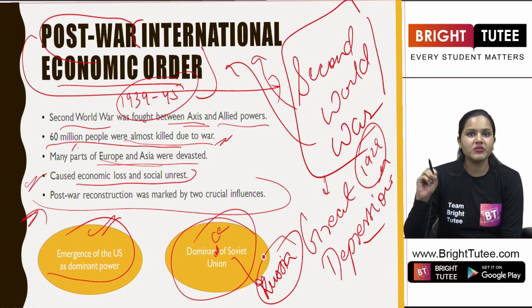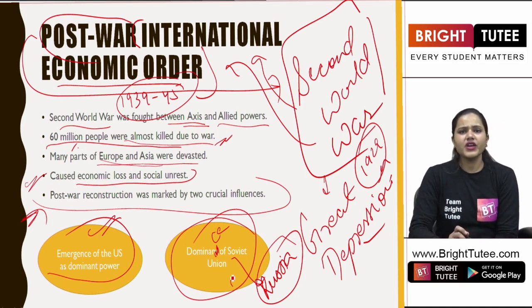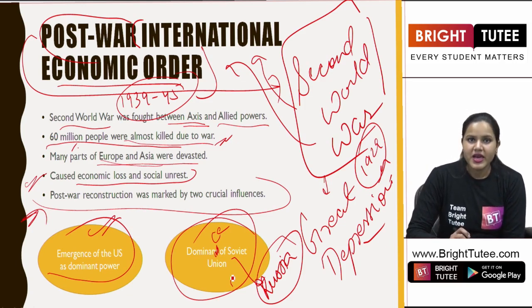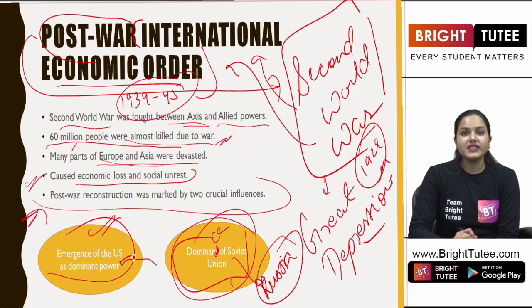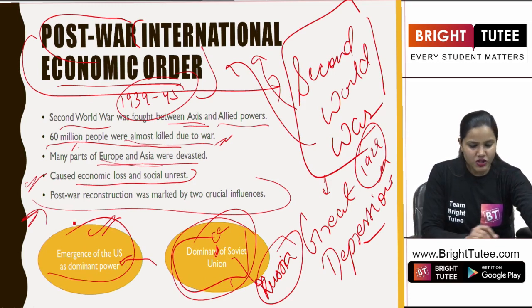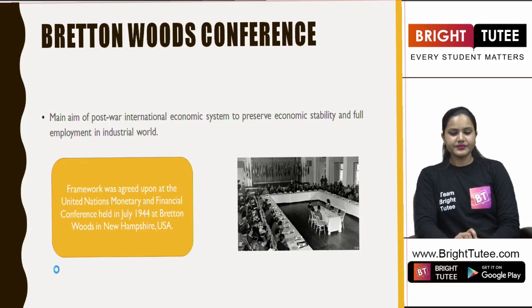But after the Second World War, they defeated Nazi Germany, right? And they had to face a lot of obstacles. But definitely, they were now on top, competing with the United States. So these were the two crucial influences that marked the post-war reconstruction.